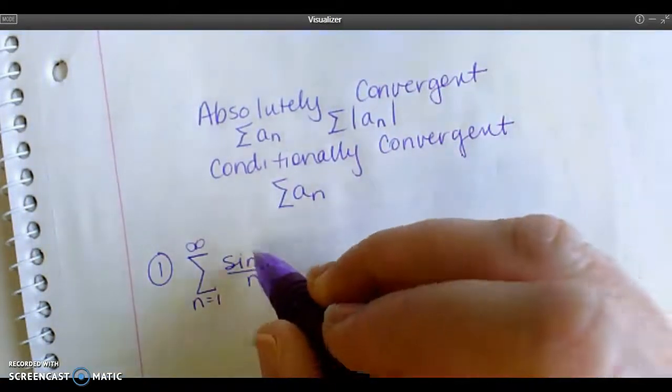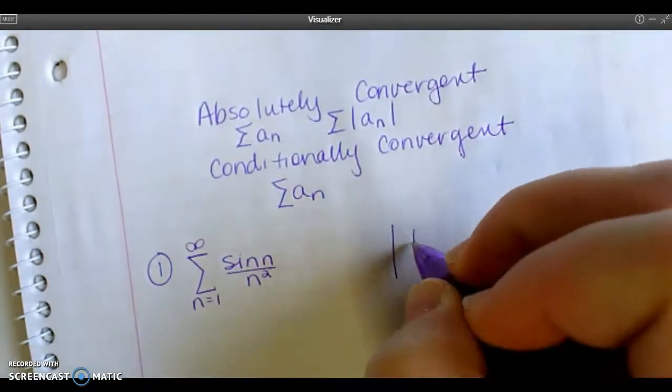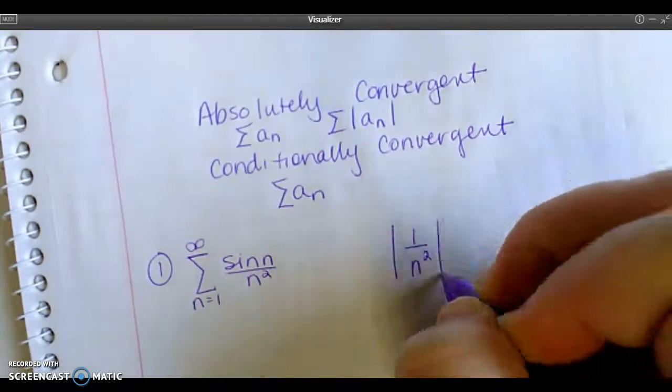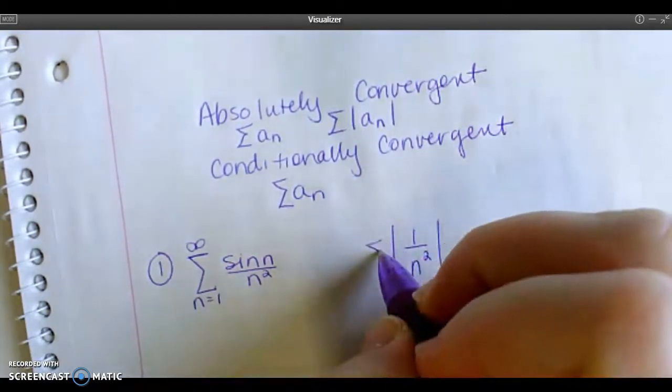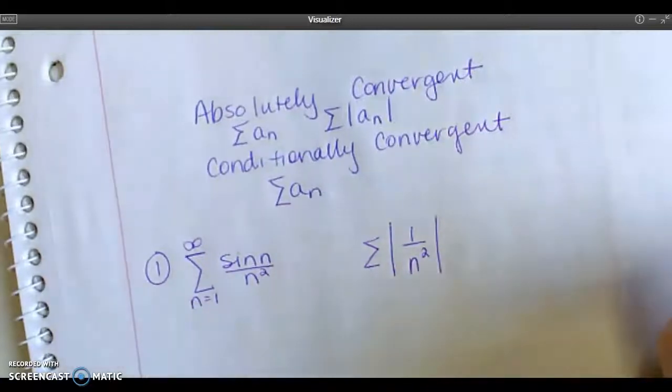So when I think about the absolute value of it, the absolute value is 1 over n squared. The absolute value gets rid of the sine of n.